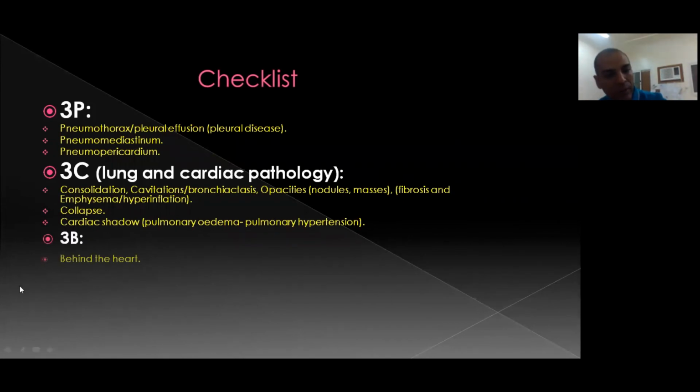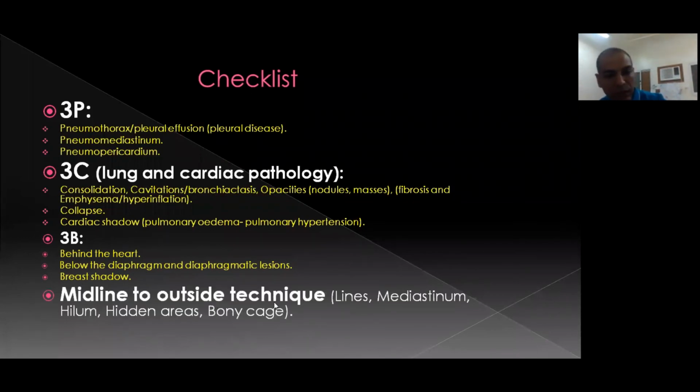3B, behind the heart or retrocardiac: if there is any mass, any collapse, any sliding hiatus hernia or something like this. Below the diaphragm and diaphragmatic lesions. Breast shadow sometimes will be the clue for diagnosis. Midline to outside technique, starting from the lines and foreign bodies. Don't forget any foreign bodies, and the history will help you.